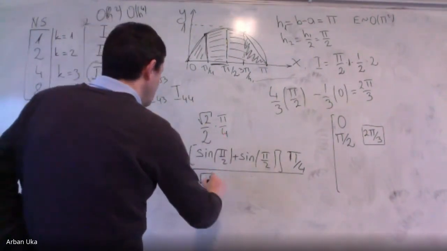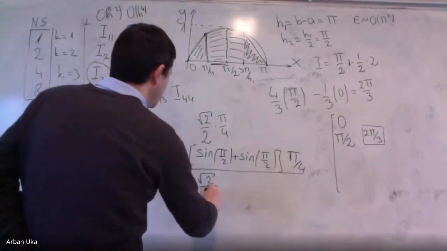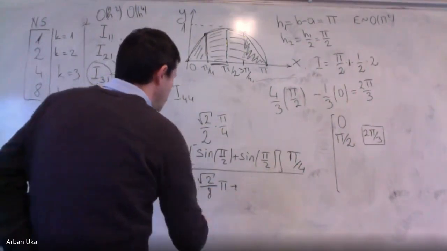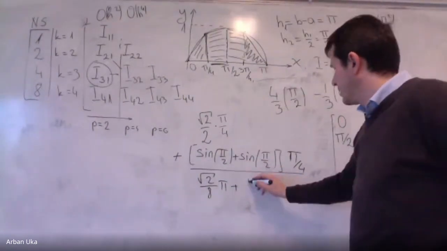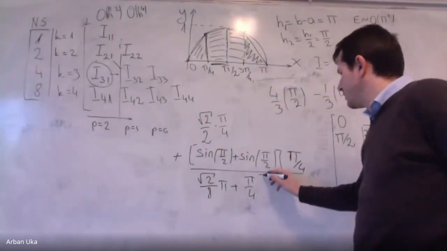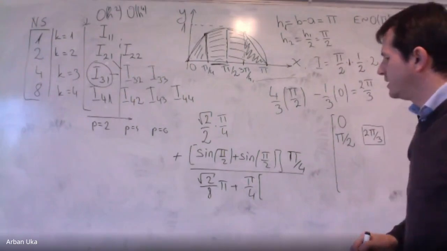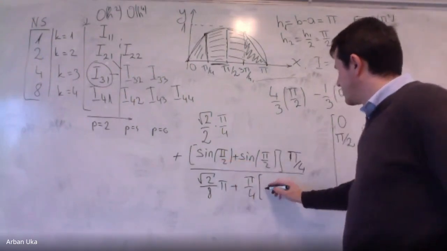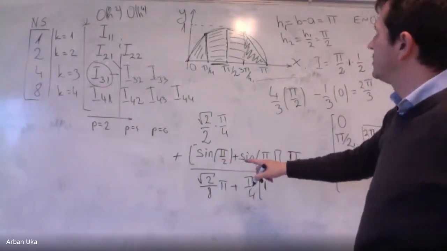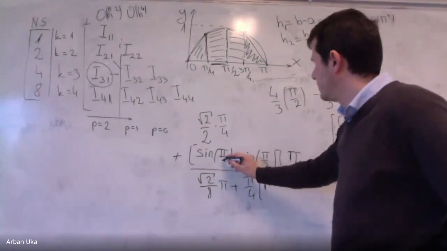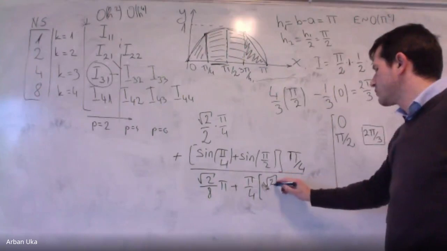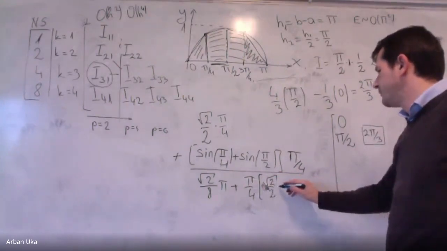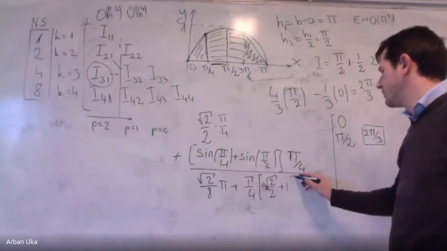This is square root of 2 over 8 pi plus, here we have pi over 4. You can be faster than me in here. Sine pi over 2, this is 1. No, I have a mistake here. This is pi over 4. This is square root of 2 over 2 plus 1.